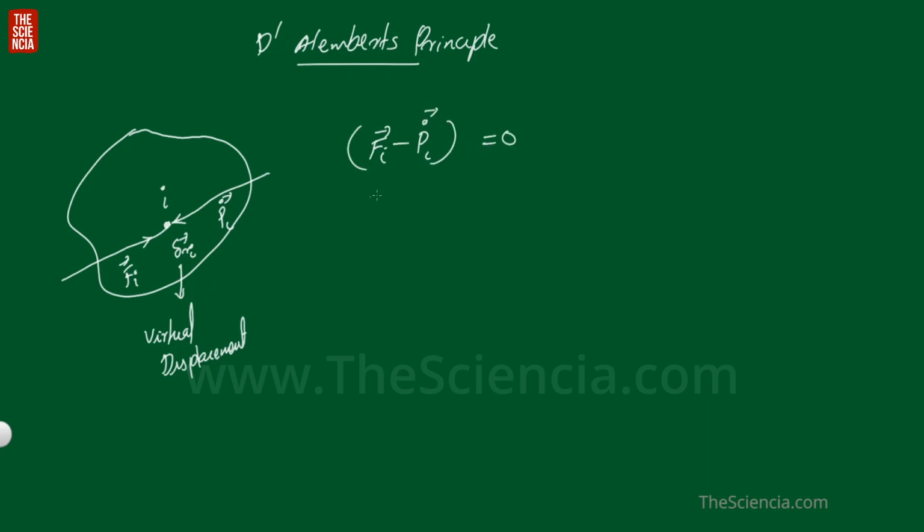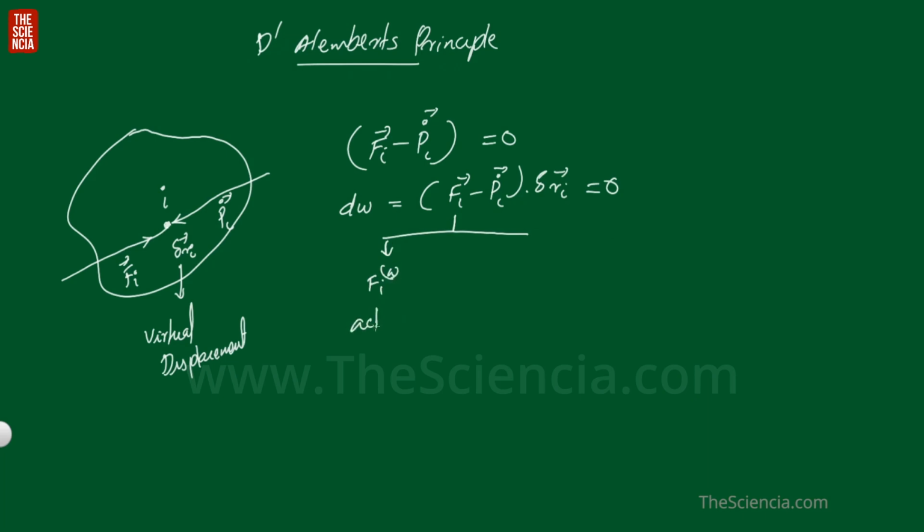Now I am considering that due to these forces there is a small work done, that is dW, and I write it as (Fi vector minus Pi dot vector) dot displacement vector delta Ri, the virtual displacement, equal to 0. And here this force may be of two types. One is the actual force, that is Fi^a.